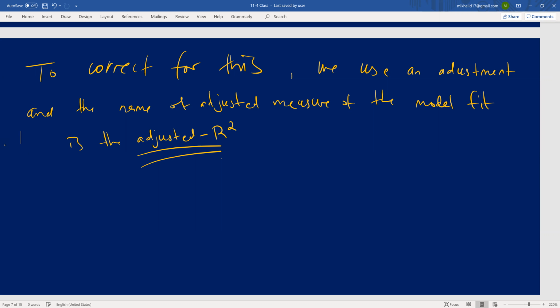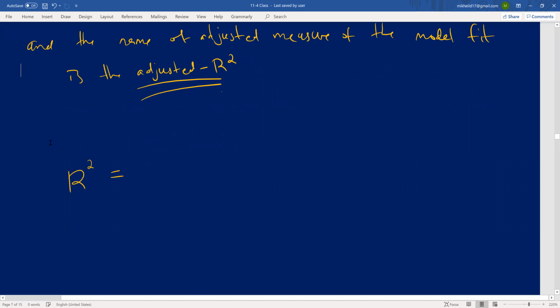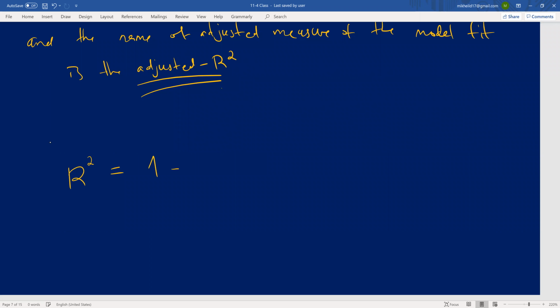So the formula is this. R squared is what, guys? 1 minus SSR over TSS, right?